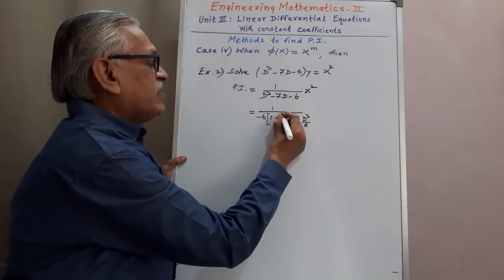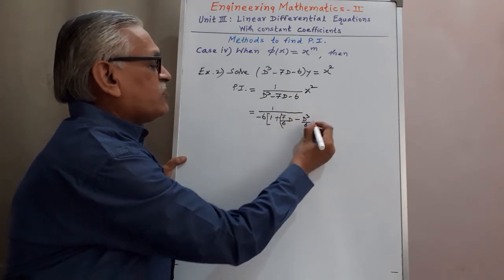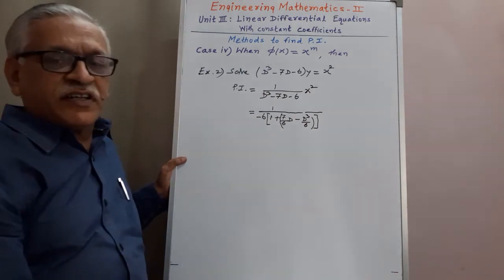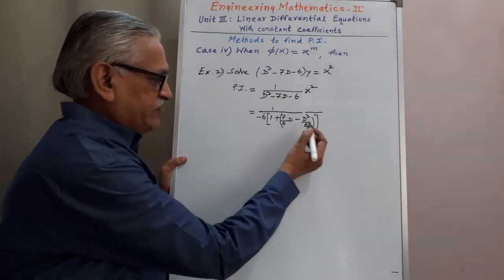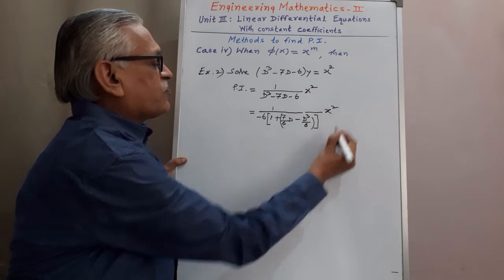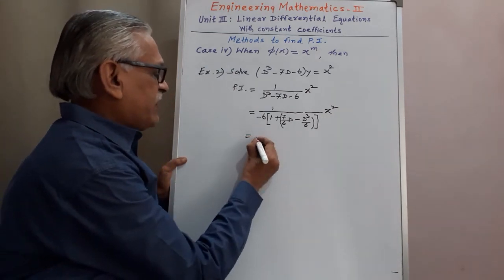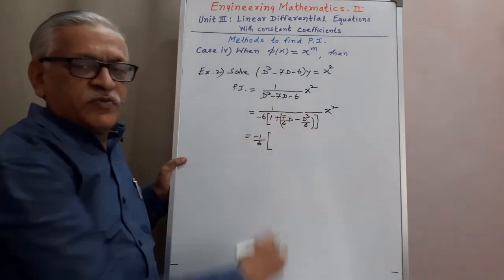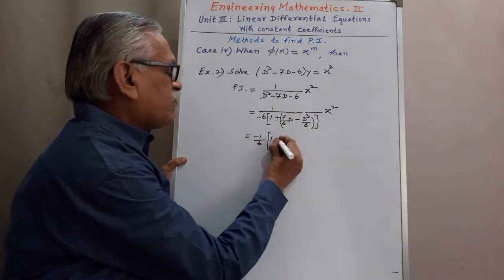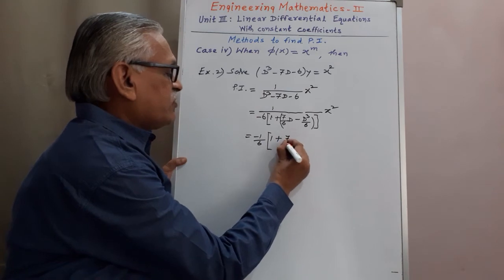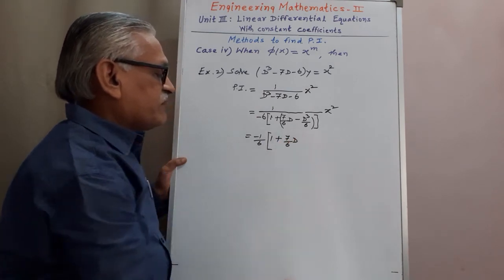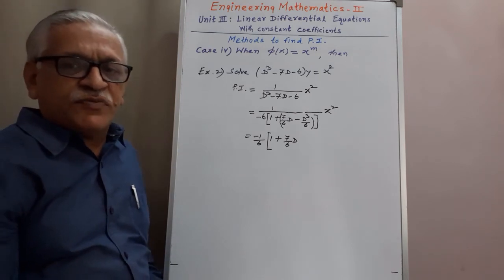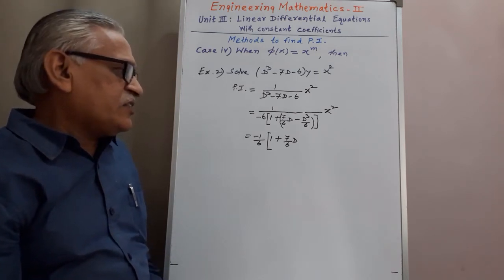and then writing in the form of 1 plus phi of D or 1 minus phi of D. Here I have written in the form of 1 plus phi of D, which we have to operate on x square. Therefore, it is minus 1 by 6. Transferring this to the numerator, we get 1 plus 7 by 6 times D, and we have to expand it by the binomial theorem up to terms containing D square only.